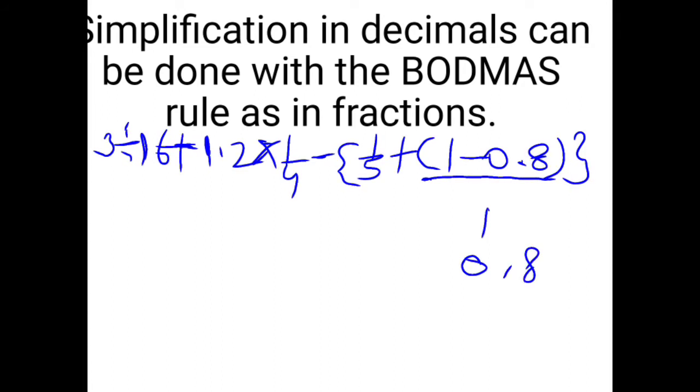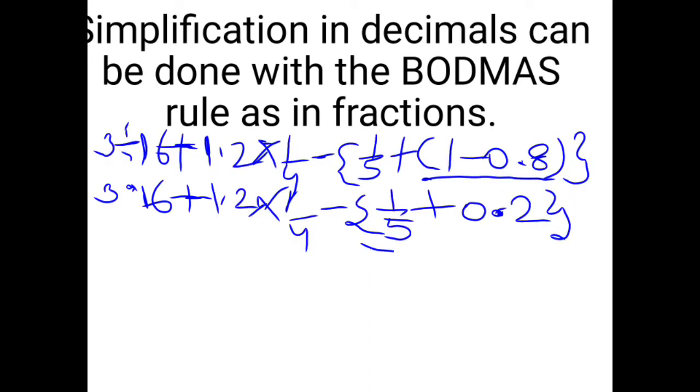For that we apply a 0 here also and put a decimal so that we can easily subtract. Let us take 1 borrow, it becomes 10 and you got 2, and here you got 0, so 0.2. Directly I am writing here 0.2.